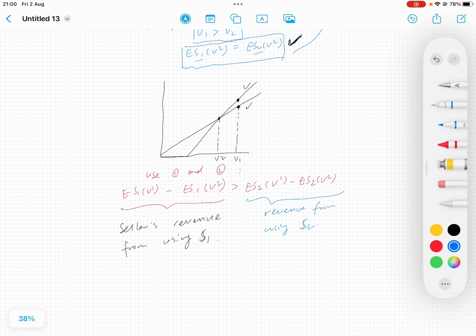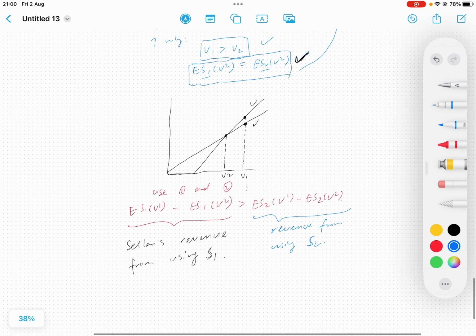So we can observe that if S1 is steeper than S2, then the seller can obtain higher revenue using the steeper security. Good. So Proposition 1 is very important, and this result is also very useful.